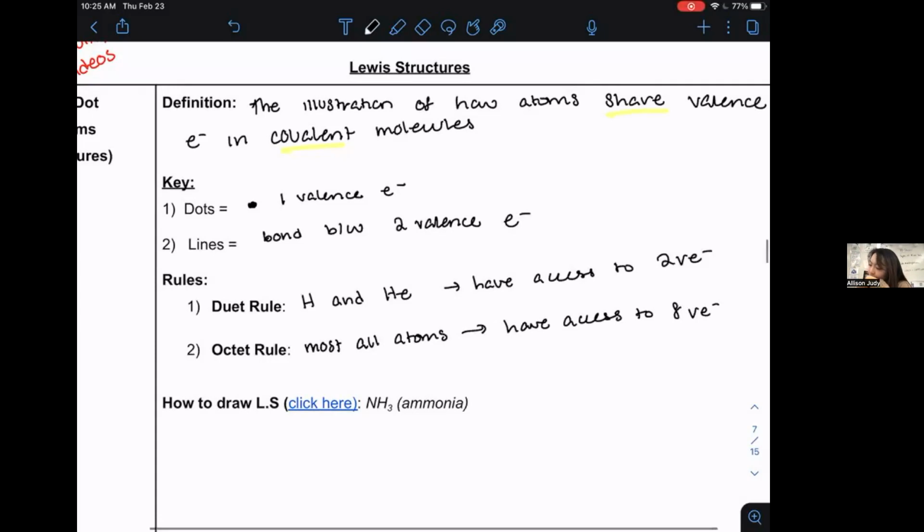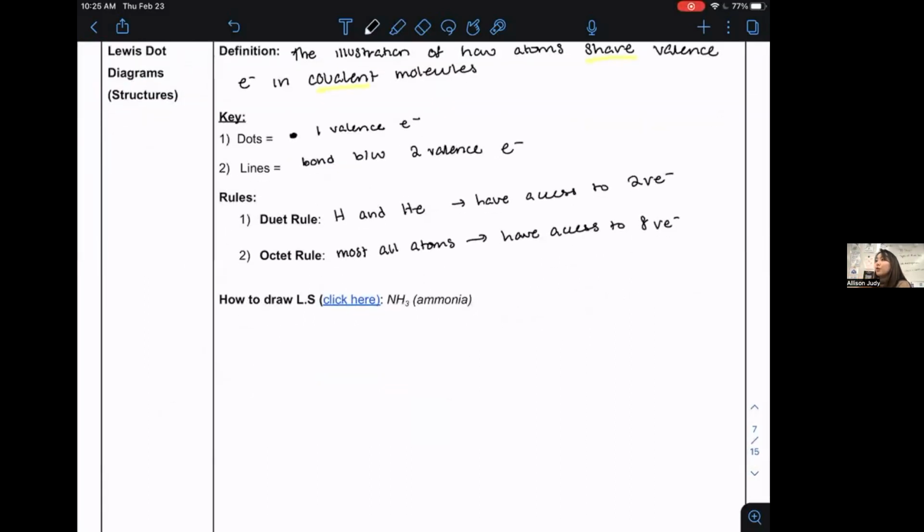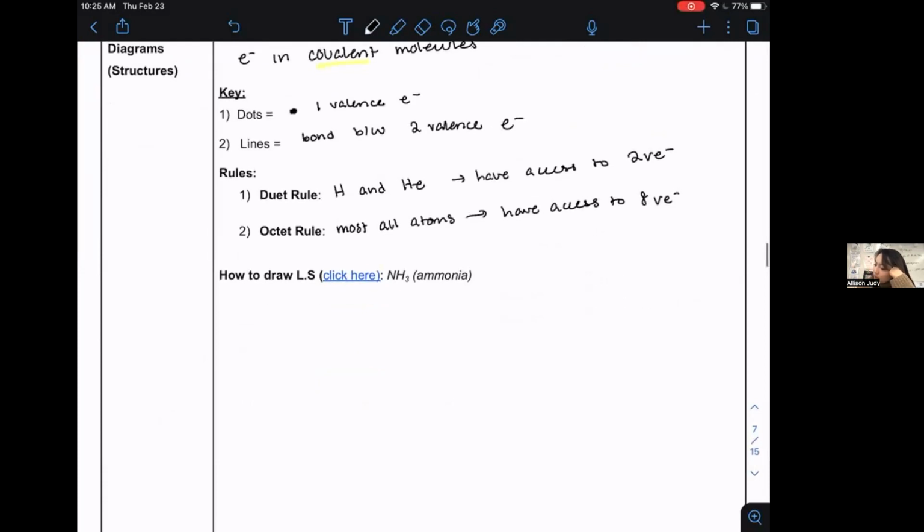So we're going to go through one example of how we draw this, and then we're going to start tomorrow on this fresh, okay? But I just wanted to get it in now while you're thinking about covalent bonding. So let's take ammonia. Step 1 is we count the total valence electrons that each atom in the molecule brings.